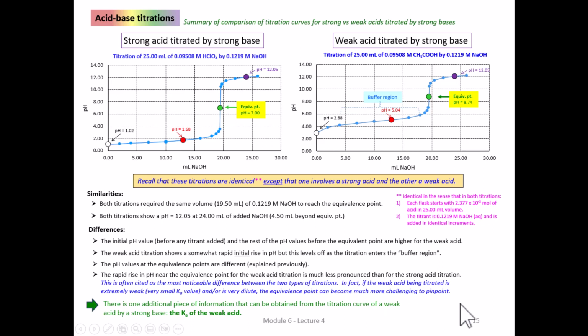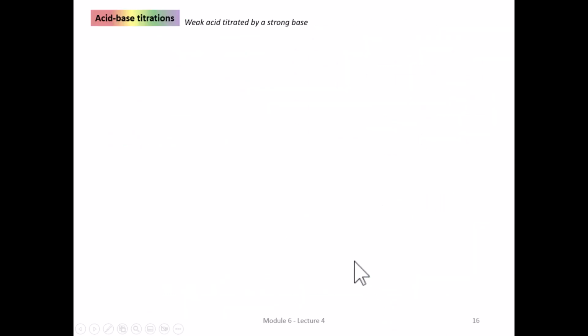Now, there's one additional piece of information that's important that we can get from the titration curve of the weak acid by the strong base, and that is we can measure the Ka of the weak acid from the titration curve. Let's see how we can do that.